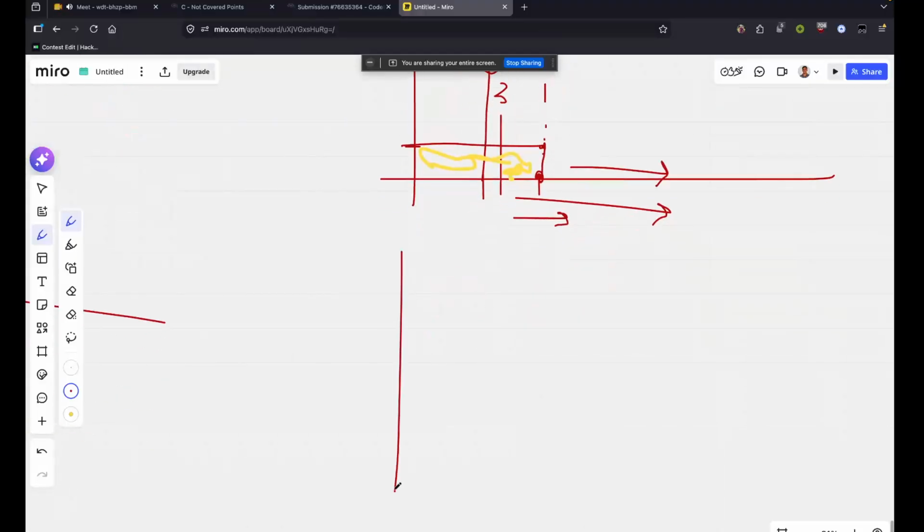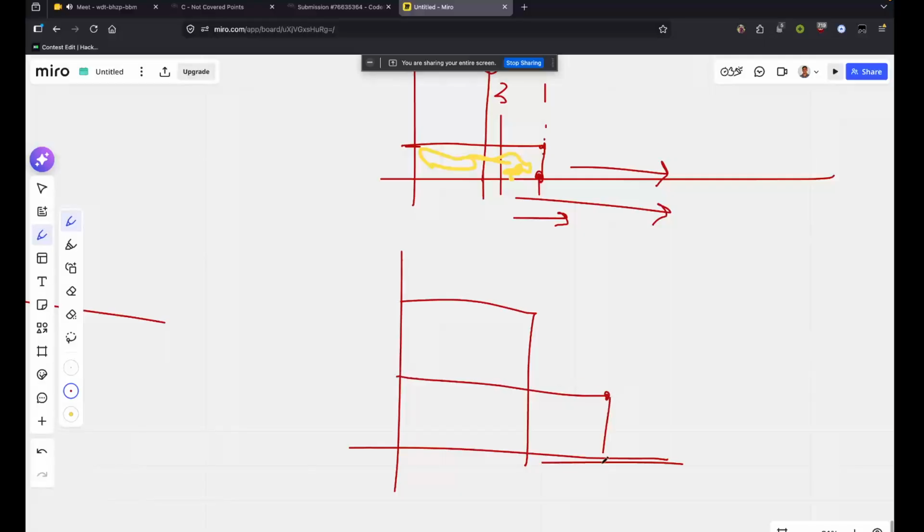If I draw another rectangle, this is the first rectangle, and our next index must be at this location. Suppose it is here. You can clearly see there are no coordinates inside this common area.